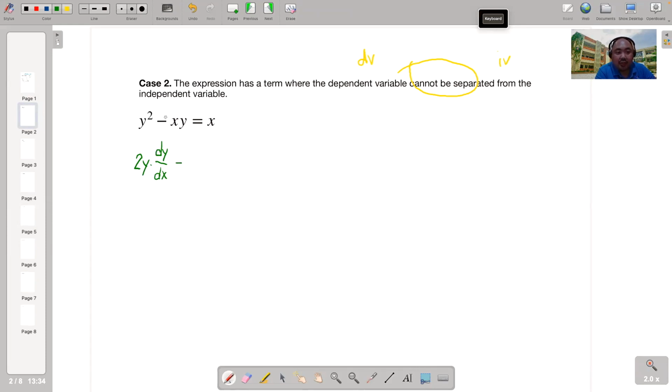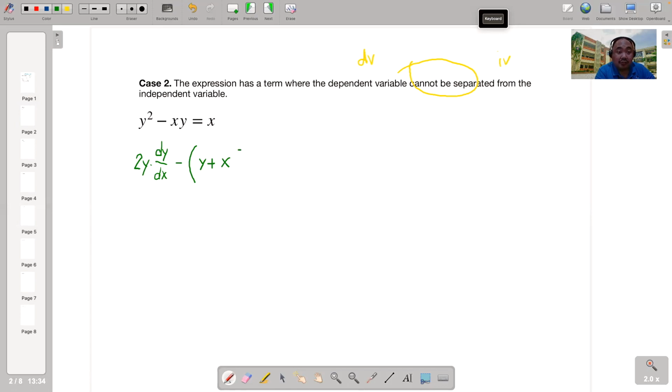And then you have xy. Sir, I will do the product rule. So the derivative of the first function, the derivative of x, is 1 times the second function, so y, plus the first function times the derivative of the second function.